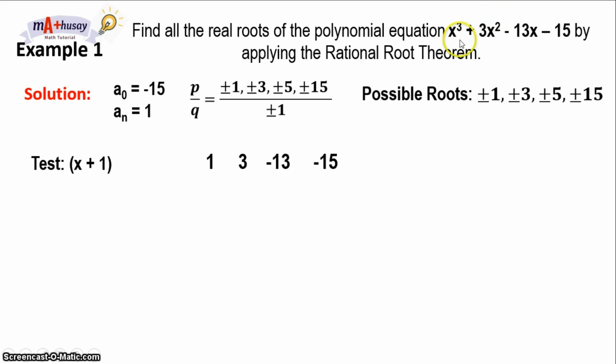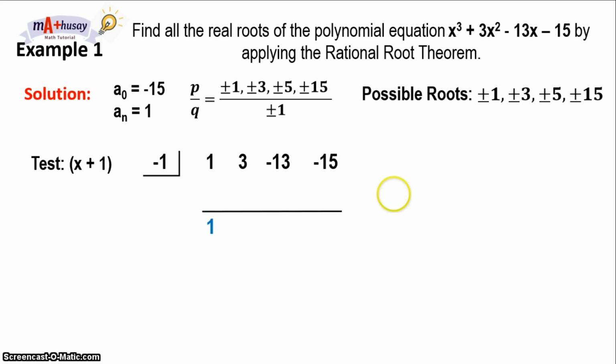We list down all the numerical coefficients of our p of x. So, we have 1, 3, negative 13, negative 15. Now, the number that should be written in this corner is negative 1. By synthetic division, we bring down 1.